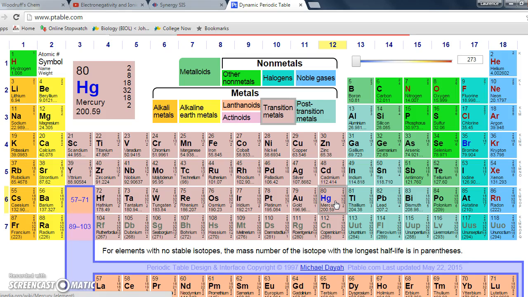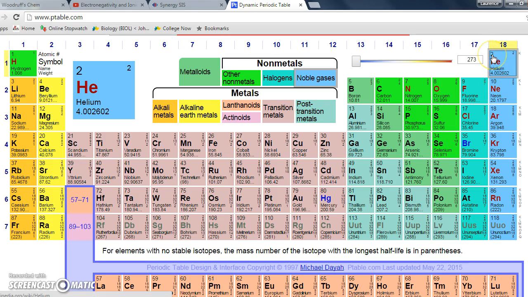Now, in addition to the names and symbols, the periodic table can also tell us about the number of protons in each atom. The number of protons is also the same as the atomic number, and the chart is organized by atomic number. Element number 1, the first element, has an atomic number of 1, and so it has 1 proton. If we jump all the way over here, we have element number 2, helium.